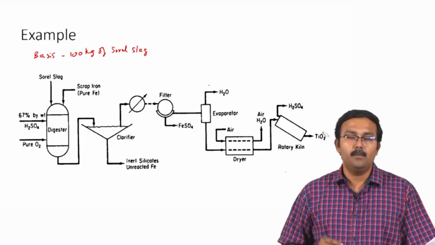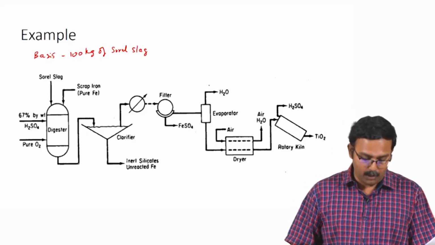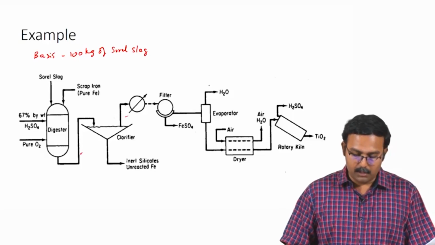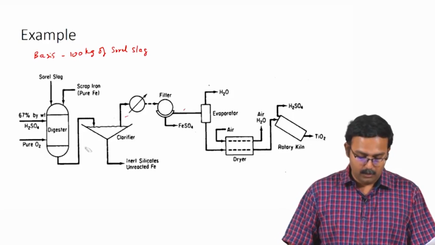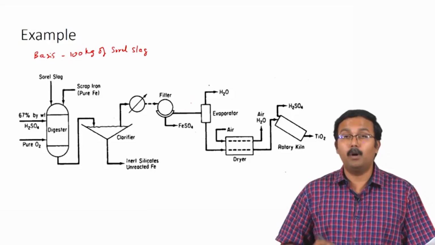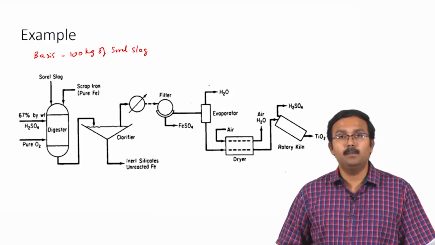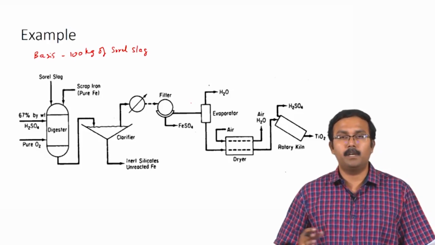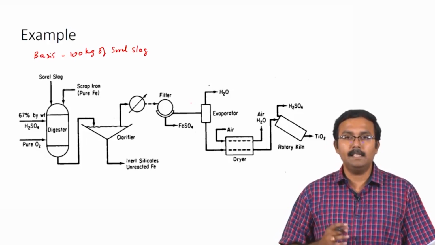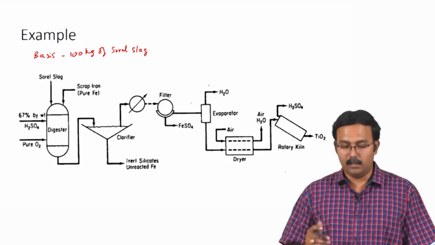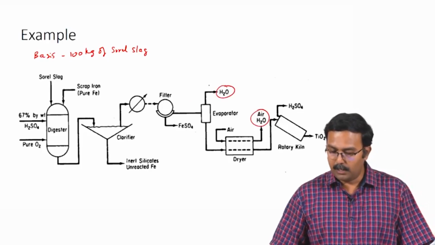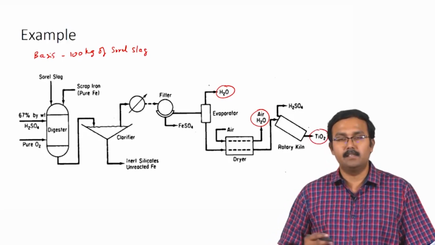Our problem statement asks us to find information about these three streams, so we do not care about the information present in the other streams. As we do not need to know about these streams, we can choose a system which engulfs them. We want the streams for water, air plus water and TiO2 to be leaving the system.